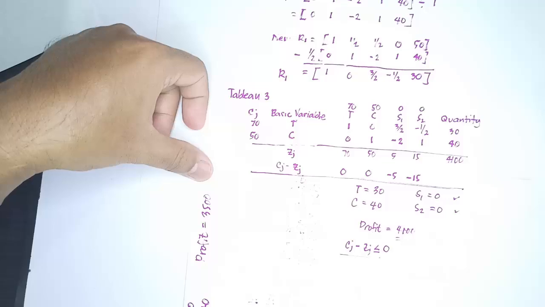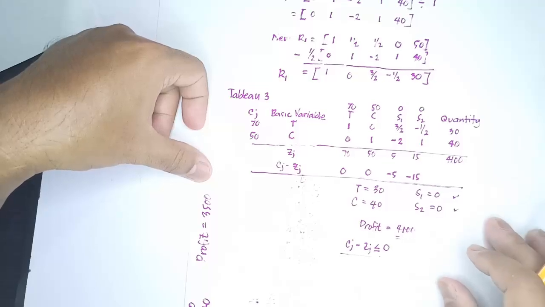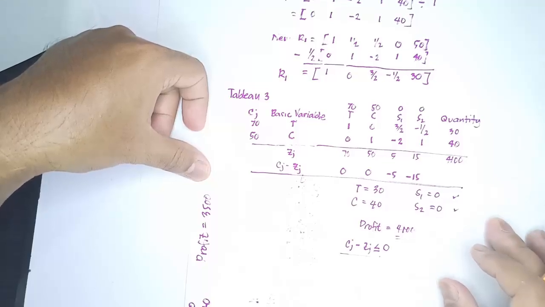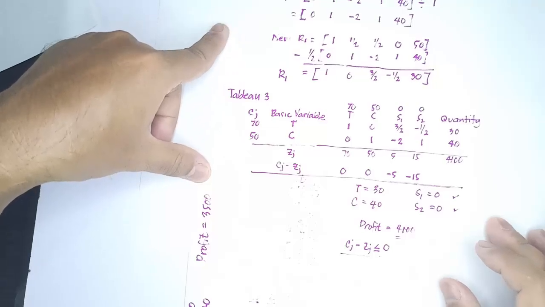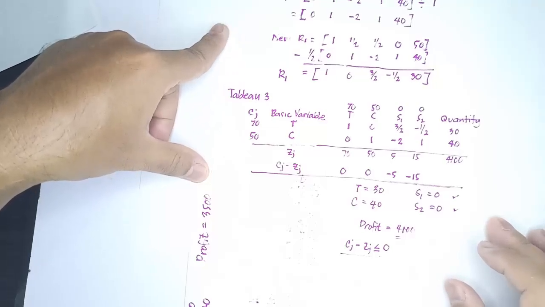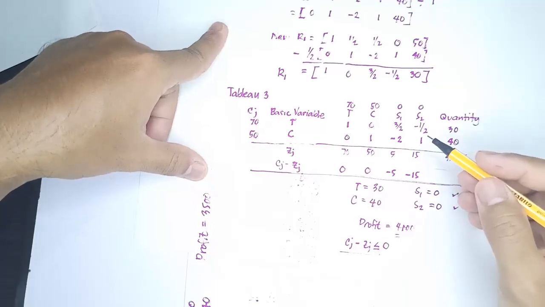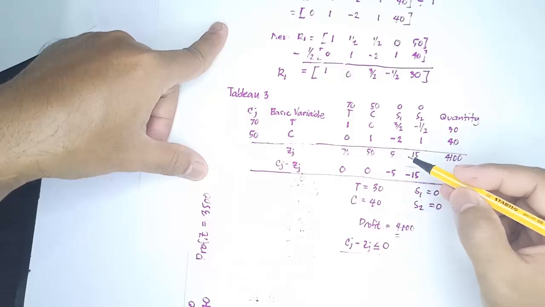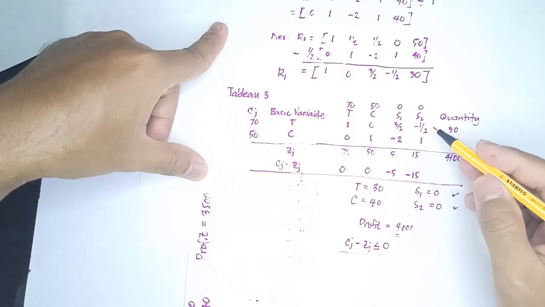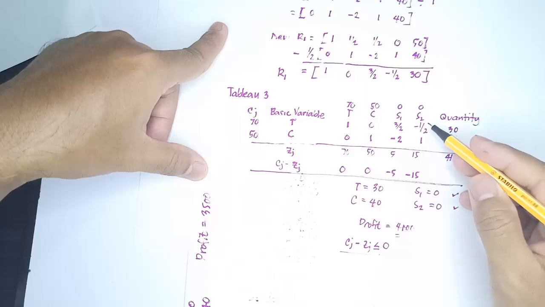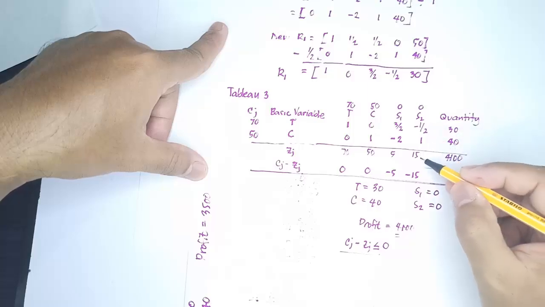Another information that we can extract out of the optimal tableau of the simplex method is the economic value of each of the resources available. The profit contribution per unit of painting time is $5 and the profit contribution per unit of carpentry time is $15.